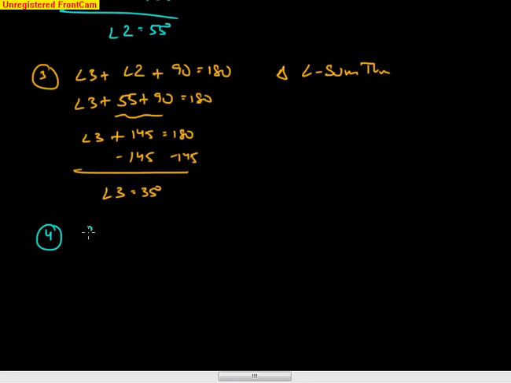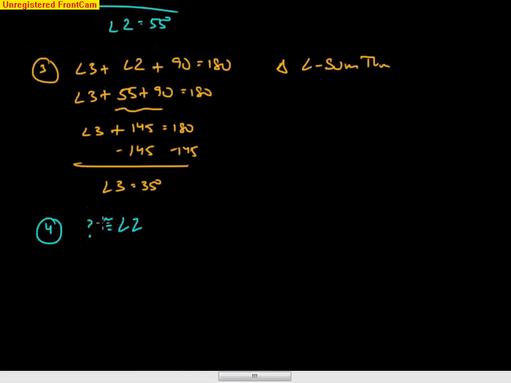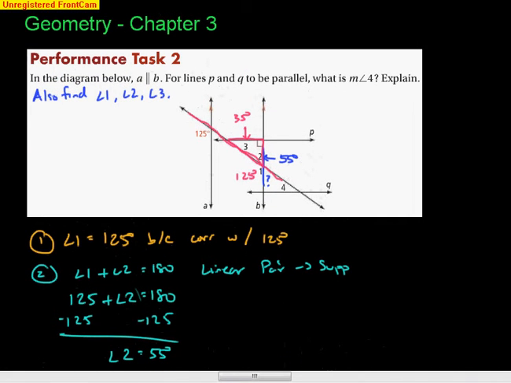So the question mark that I put in there is going to be congruent with angle 2 because they are vertical angles. So the question mark is also 55 degrees. And that gives me an angle measure inside of this triangle with angle 4. So this is also 55 degrees. Right now I'm focusing on this triangle where angle 4 is.